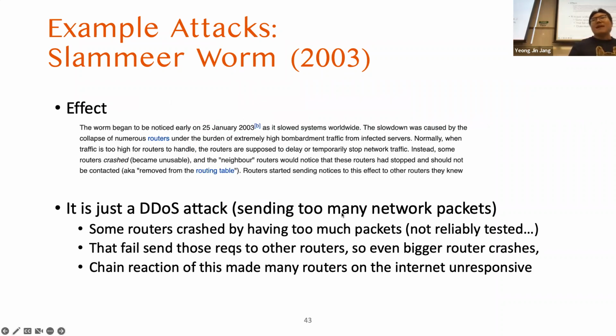What happened was that the worm did not actually attack some other website. What they were doing is they just kept spreading. Suppose we need to send 5 packets to launch the attack. At time 1, we send 5. Time 2, 10, 20, 40, exponential growth. We have many routers on the internet, and they forward packets from one hop to another.